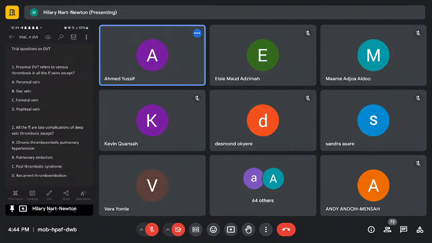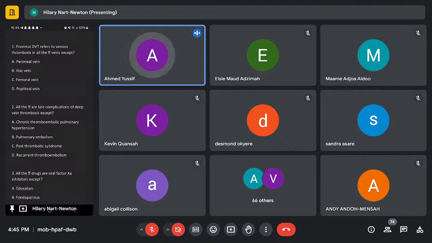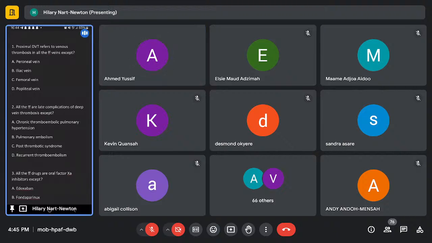Number 2, all the following are late complications of deep vein thrombosis except. Okay, so the options. A. Chronic thromboembolic pulmonary hypertension.